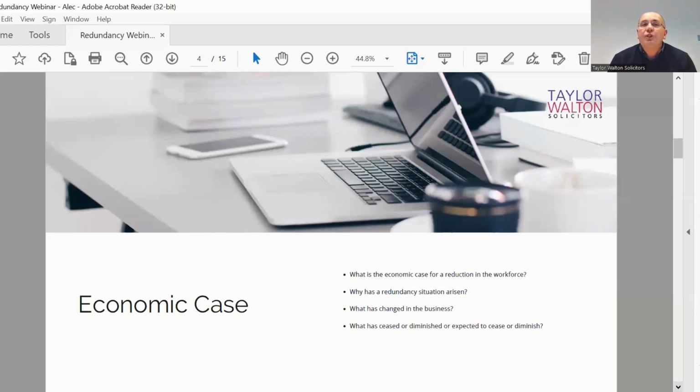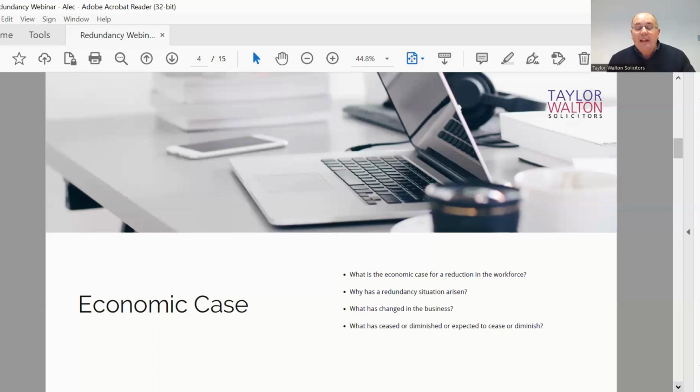There may be other measures which the company can take into account, for example reducing costs in other areas of the business. But generally speaking, if there is a diminishing need, then that clearly will meet your redundancy definition.